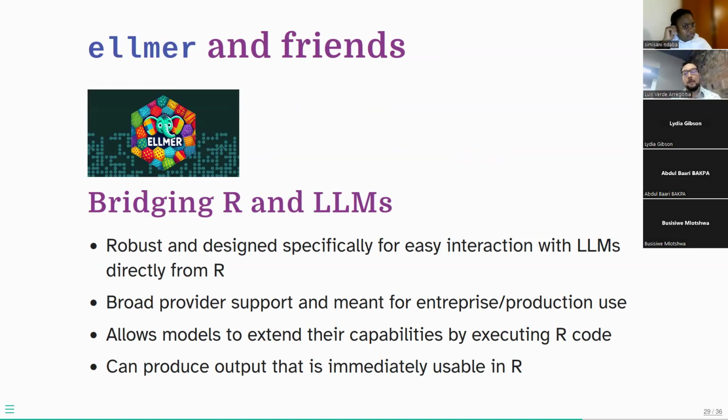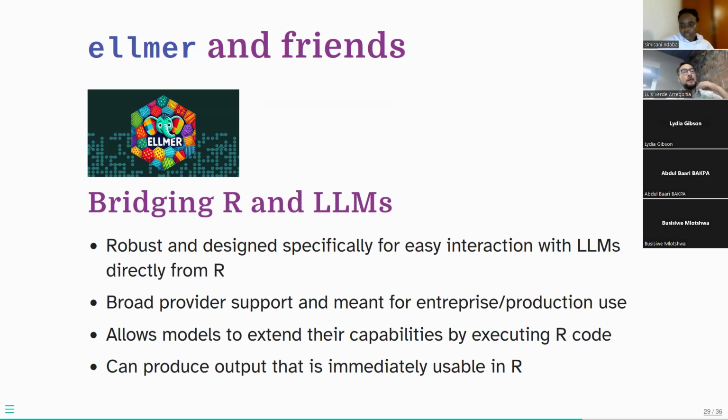The next little demo I'm going to do is with the ellmer package and friends, some related packages to ellmer. ellmer is a really cool package that bridges R with LLMs. It's developed by a very big team at Posit.